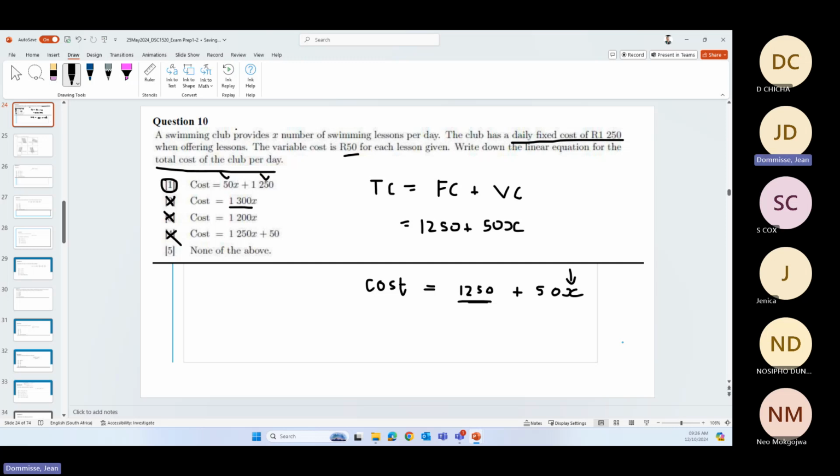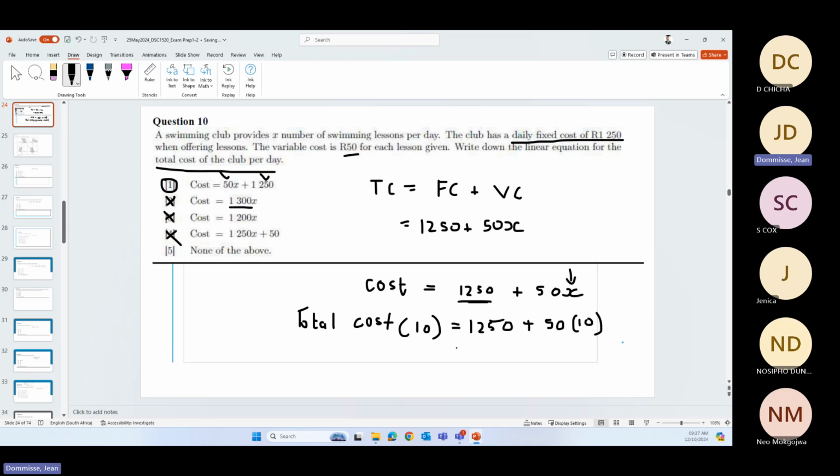So if they ask you to work out what the total cost is, say, what's the total cost when 10 people are swimming, then it would have been your fixed cost. It doesn't matter how many people are swimming, but then you will have that extra cost of 50 Rand per extra person.